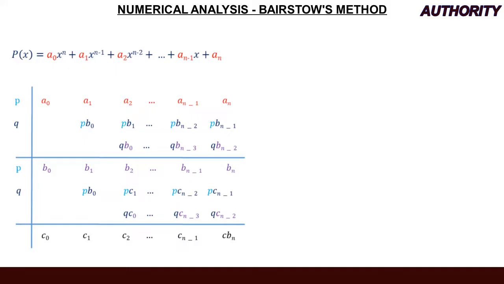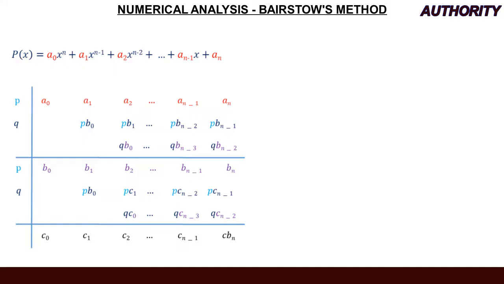Now look at this. In the first row we have a naught. In the second row we are going to have the multiplication, and the line is the result. We bring down a naught and it becomes b naught. Good. Now this b naught multiplied by p is going to give you p b naught.